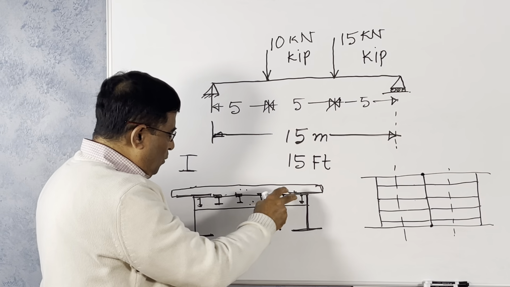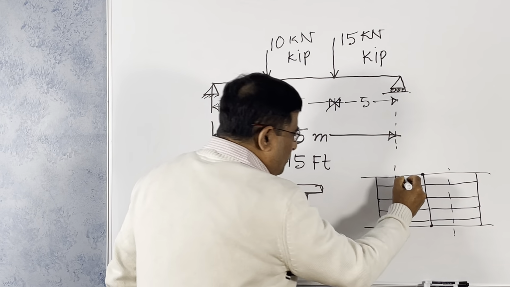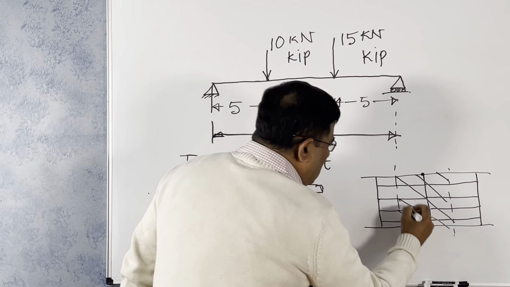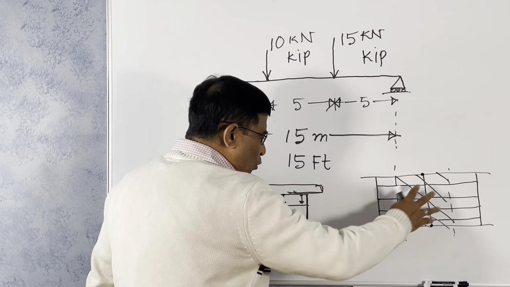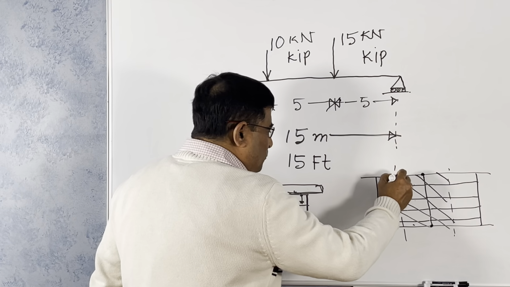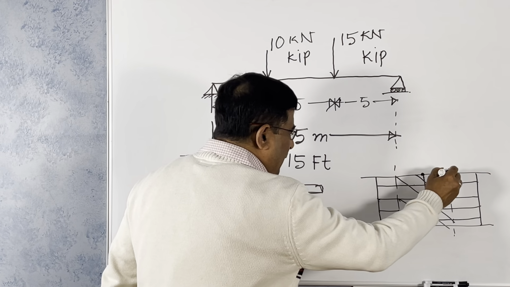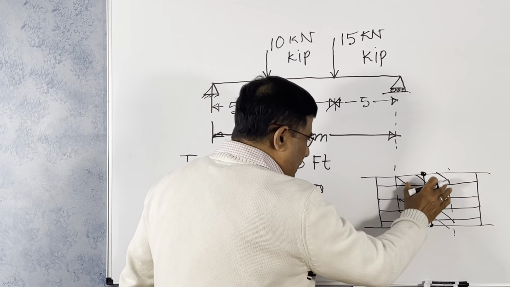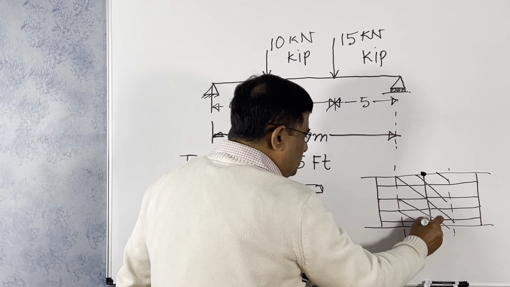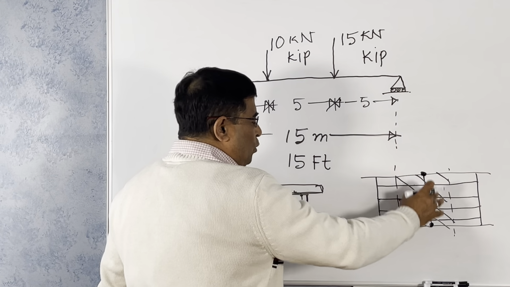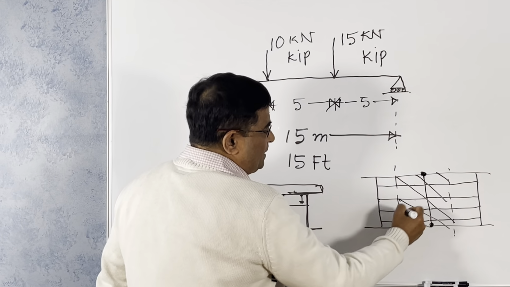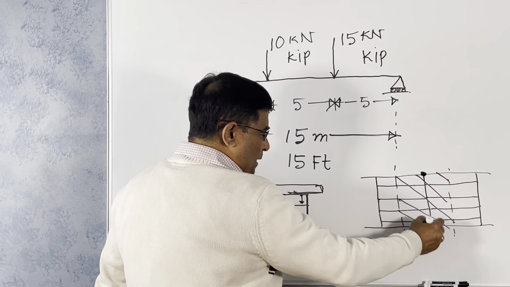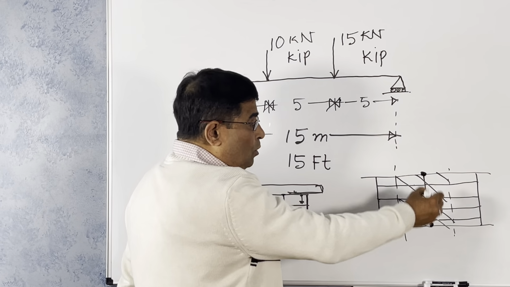Whatever the value of the whole thing from here to here, this is the tributary area. The total load of this area will go there as concentrated load, because this load is carried by the stringers. Stringers transfer the load to the cross beam or floor beam.